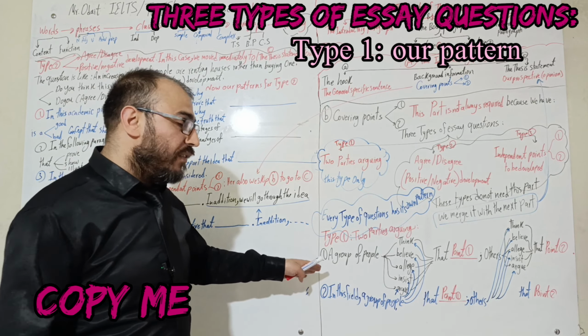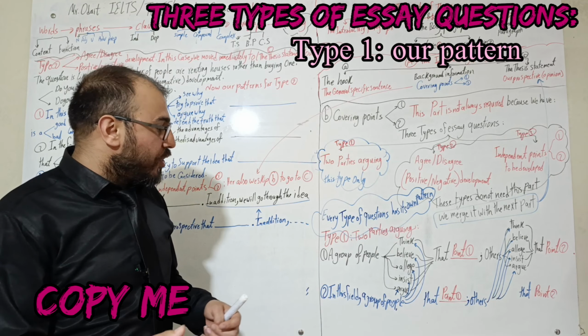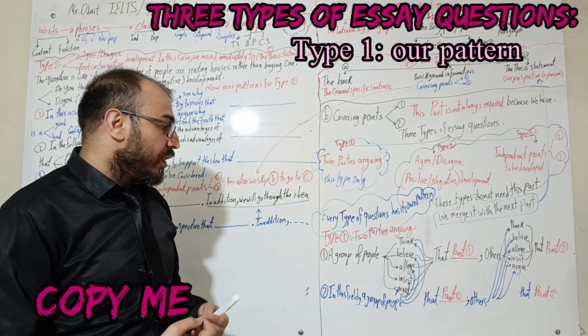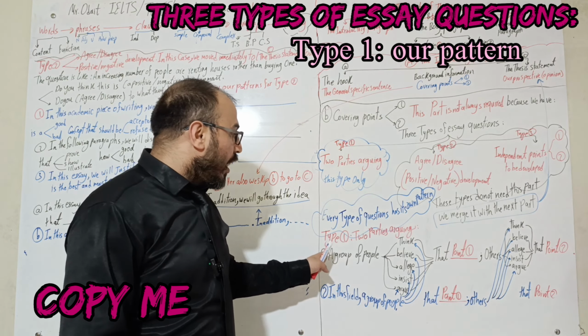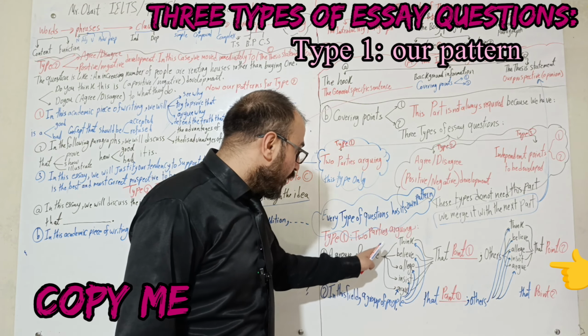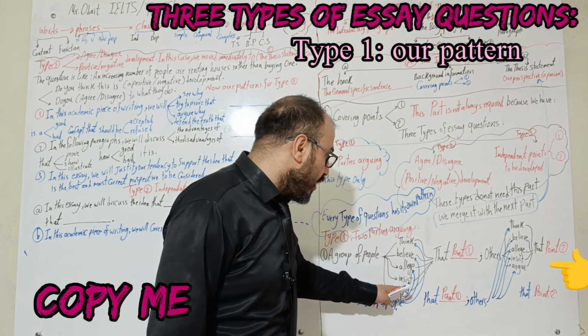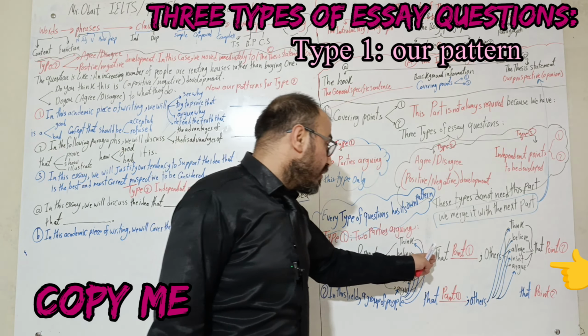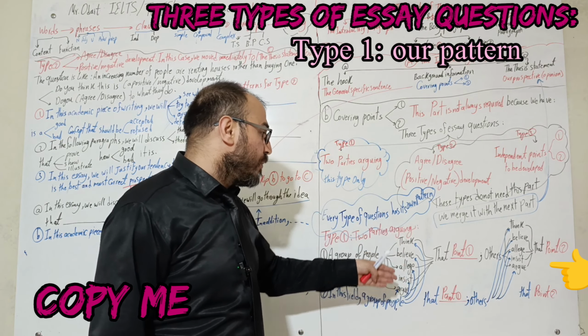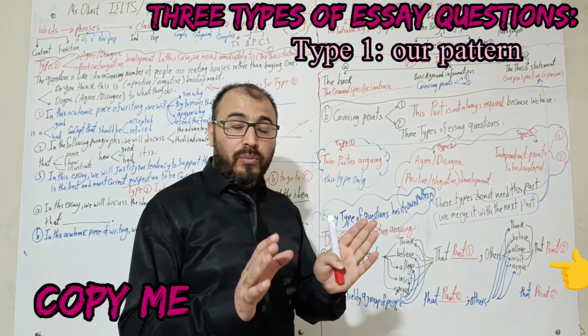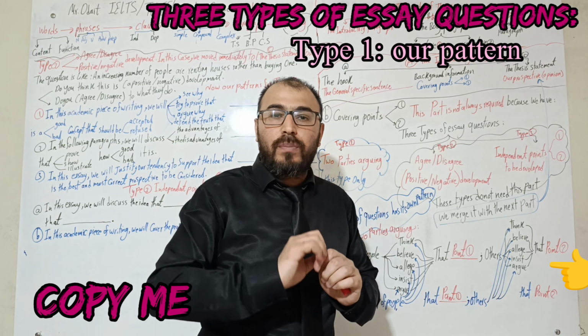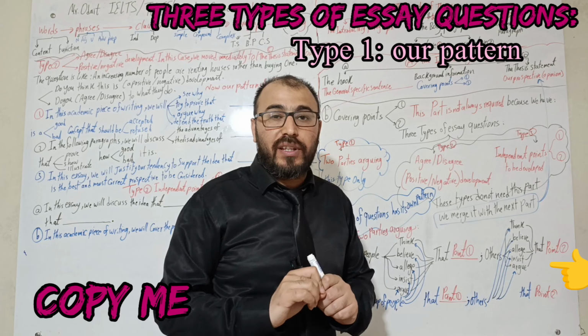And here, my friends, we have to give an introduction that shows we know that there are two parties. We say a group of people think, believe, allege, insist, or argue that. I just want to give you a small piece of advice.